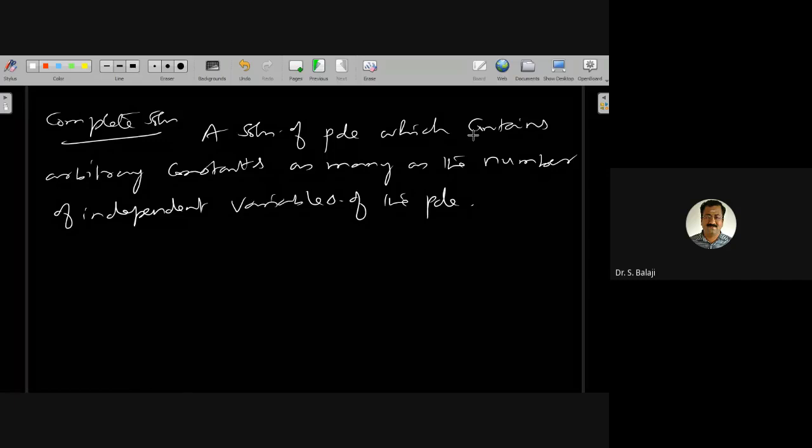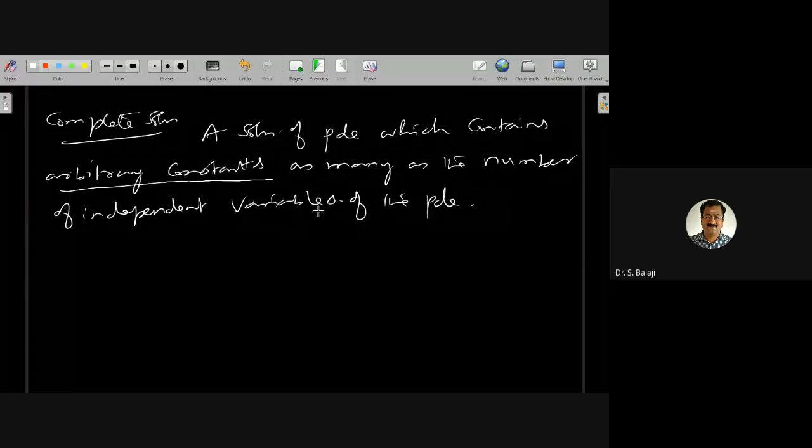So a solution of PDE which contains the arbitrary constants, as many as the number of independent variables of the PDE, is called complete solution of the PDE.